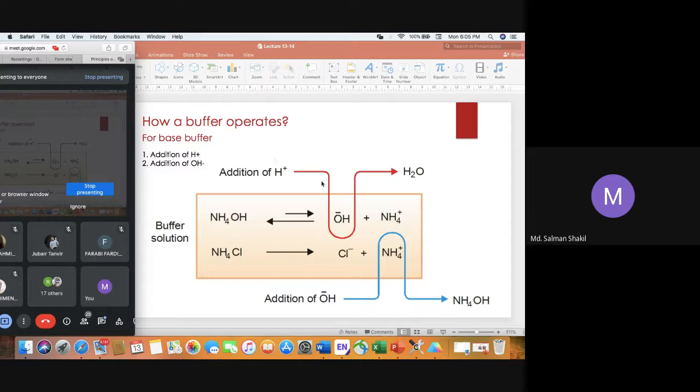And why will the pH not change that much? As we are adding a hydrogen ion, a proton, it reacts with the hydroxide ions forming the water. Why would producing water not change the pH that much?